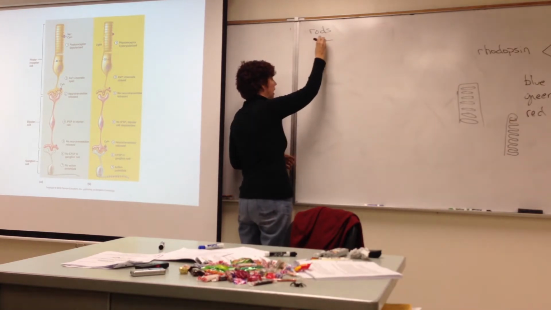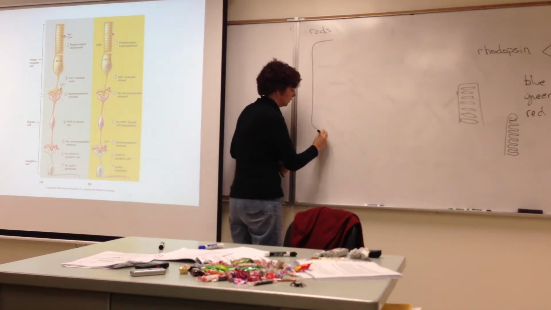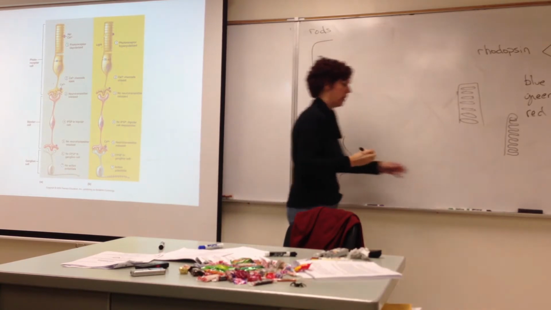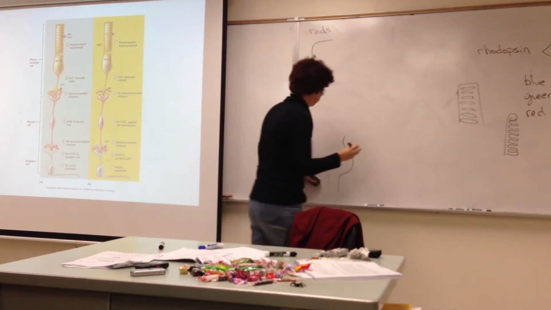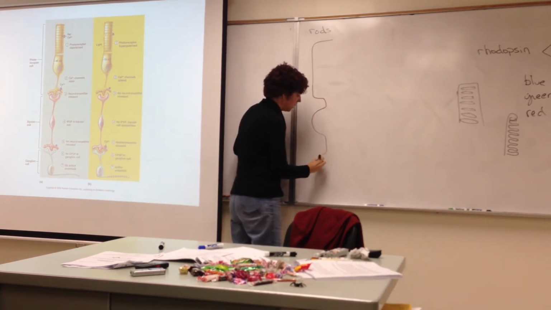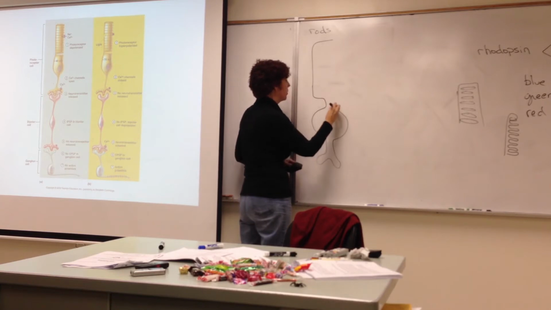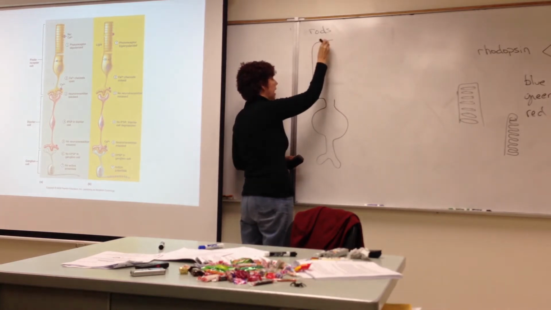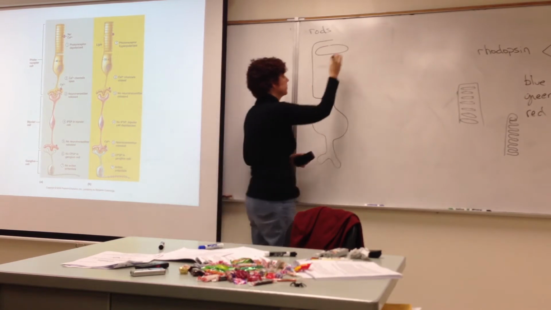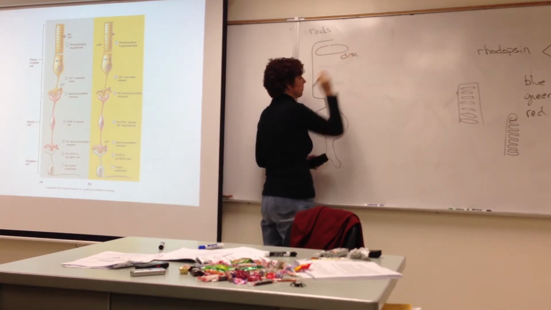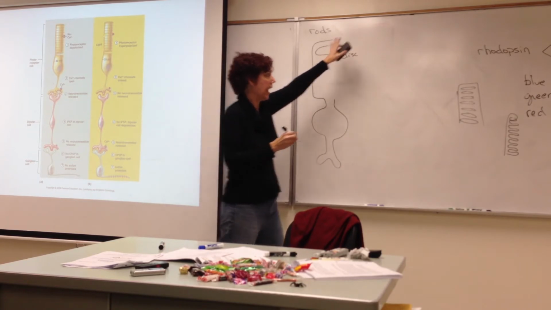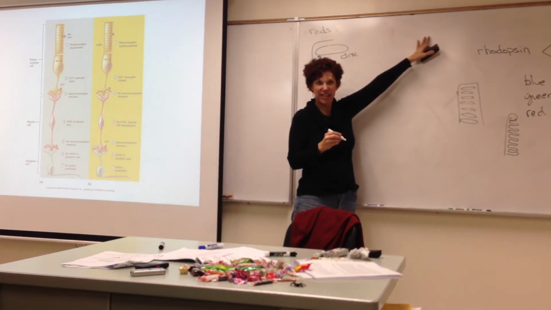So here's our rod. Actually, I don't need to draw that quite that long. I'm just losing my functional portion of the cell. And inside are a series of these discs. I'm going to take one of these discs and talk about it over here.